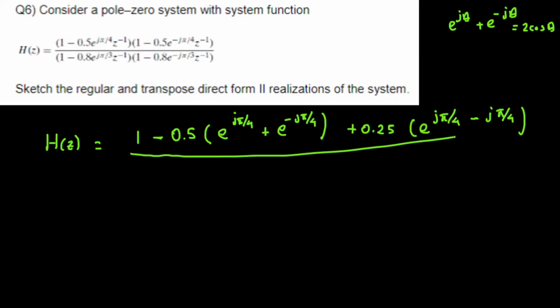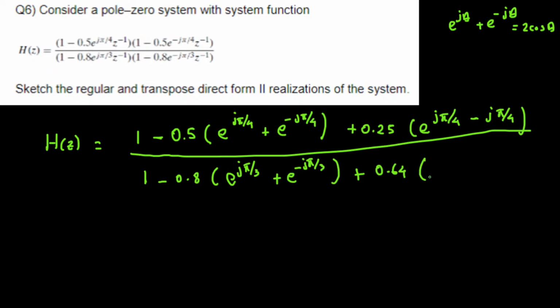In the denominator, exactly the similar thing. 1 times 1 is 1, and then we have 0.8 times (e^(j5π/3) plus e^(-j5π/3)), and then 0.8 squared, which is 0.64, times e^(j5π/3 - j5π/3).